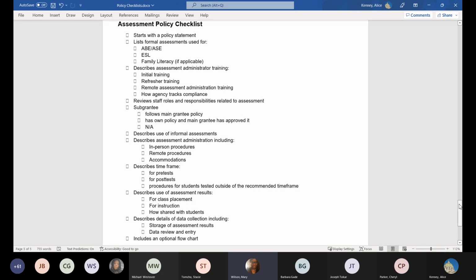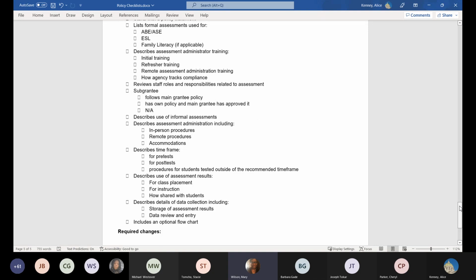And lastly, describe details of data collection. This includes storage of assessment results, as well as data review and entry. Details for data collection should be clear and concise. Policy should explain where results of the assessments are stored, whether it is electronically, or hard copy and filed in a particular office with particular staff.